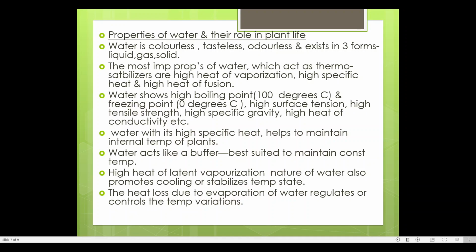And if there is water scarcity, if there is less water in the plant, then the stomatal pores will be closed, so that the water balance within the plant is maintained and the evaporation process is slowed down. In this way, heat loss due to evaporation helps in regulating the water balance in different temperature conditions.